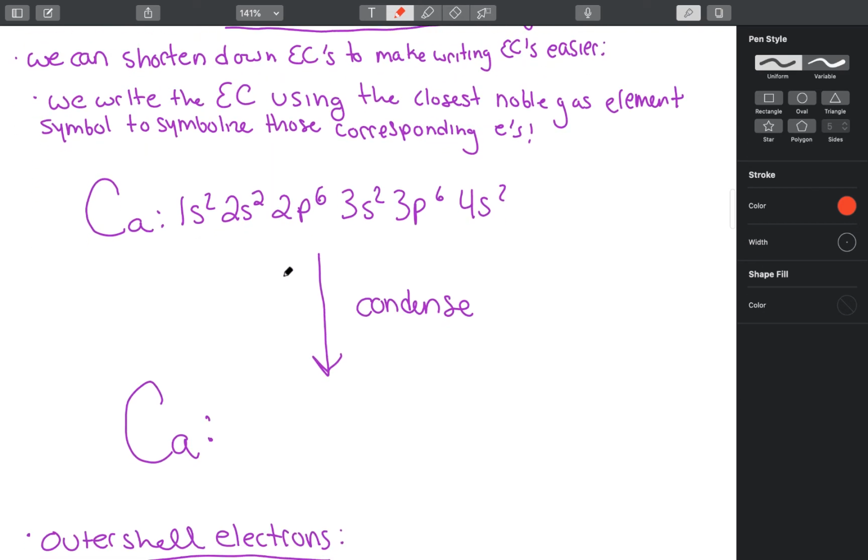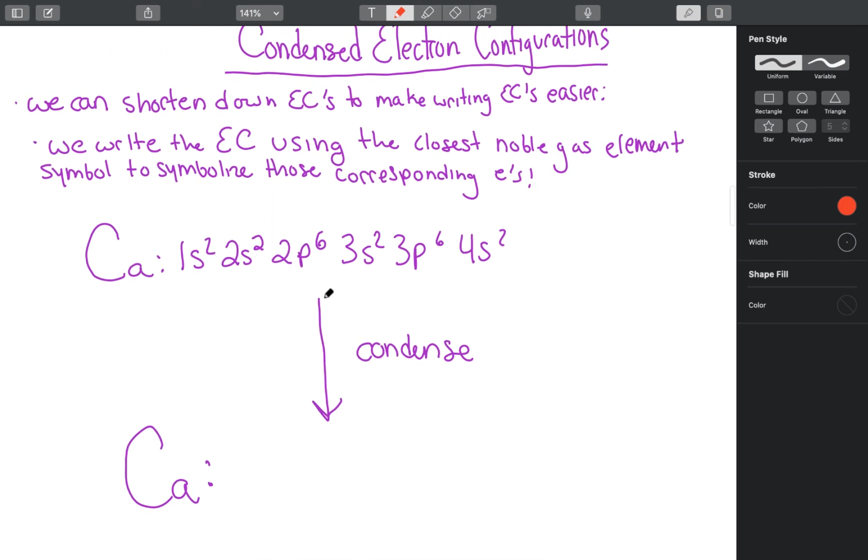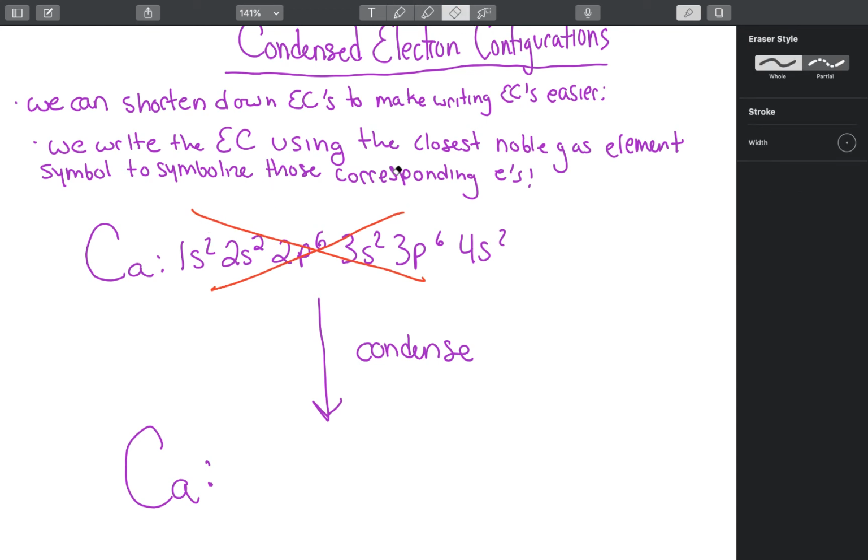So let's just take calcium. So here's our full electron configuration for calcium. And we can condense calcium by basically eliminating all of these electrons. So all of these, let's actually not cross that out. So let's actually put a box around it.